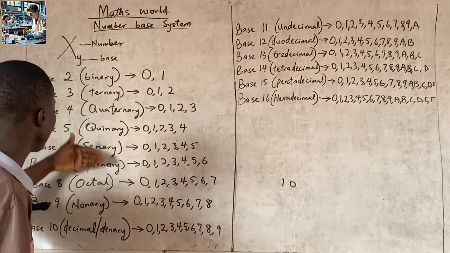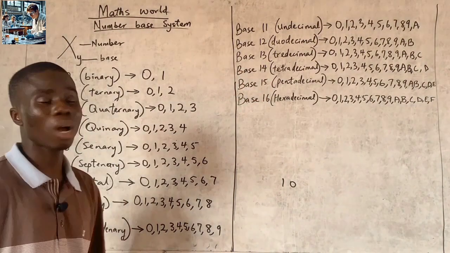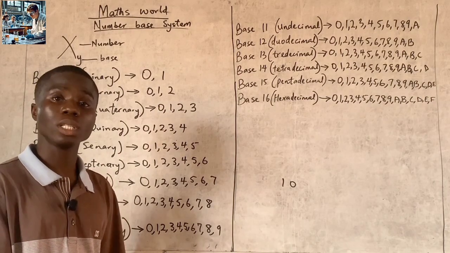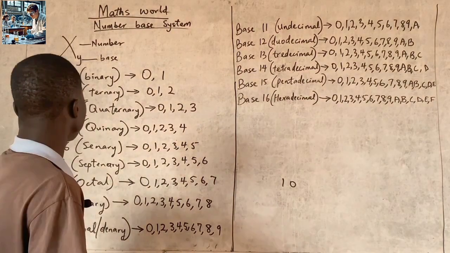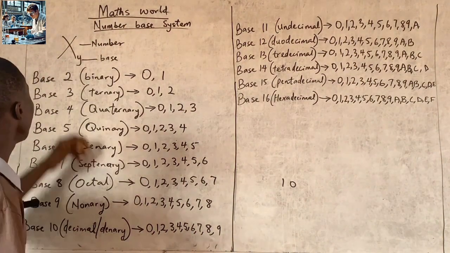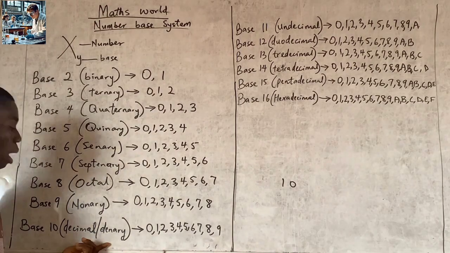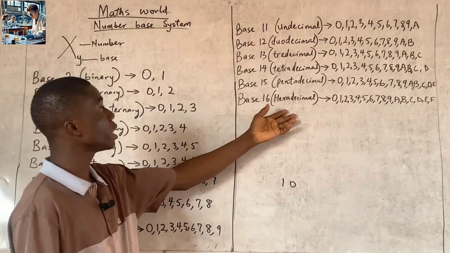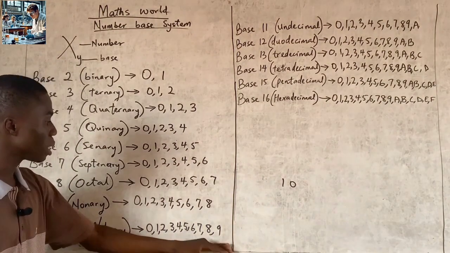Others, quinary, centenary, septenary, tridecimal, tetradecimal, pentadecimal, you don't need to put everything. But if you want to know it, feel free. It is simple. Just try to know them. But the ones you should make sure you know are binary, octal, decimal, or denary. They can call it decimal or they call it denary. Hexadecimal, that's base 16. They normally ask questions on them and the numbers that they contain.